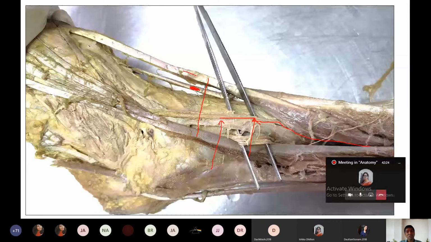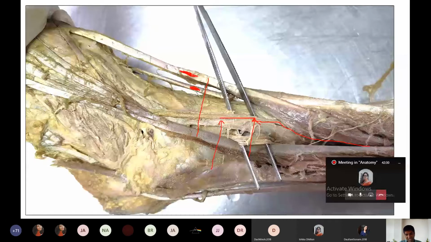Okay, and this one is the extensor hallucis longus. Okay, and this one is the extensor digitorum longus, and behind this, what is this one? This one is the peroneus tertius.